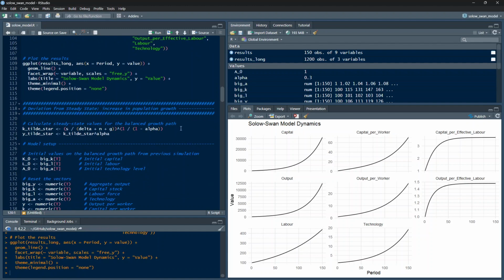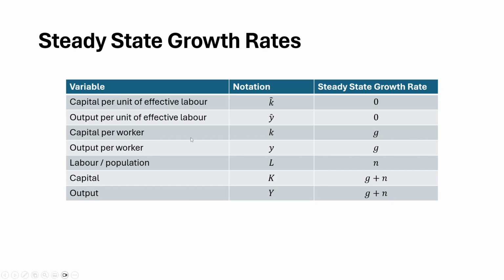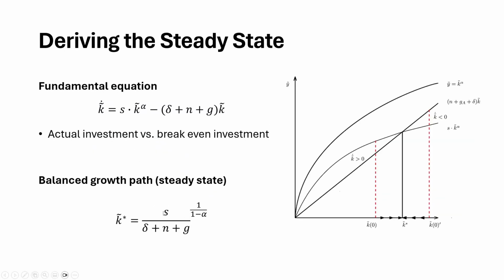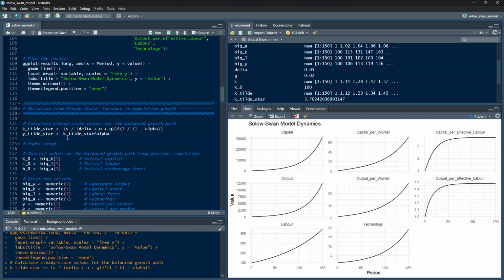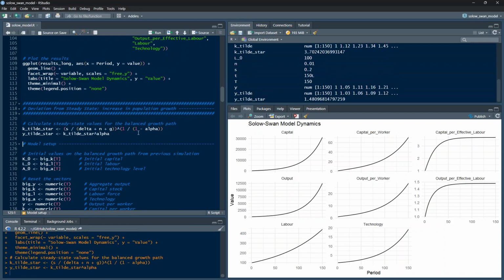We can calculate exactly the K tilde star and the Y tilde star using this formula that we saw before on the bottom left. So we'll calculate that, and that will give us our K tilde star level. Let's do the same for Y tilde star, which is just K tilde star to the alpha.